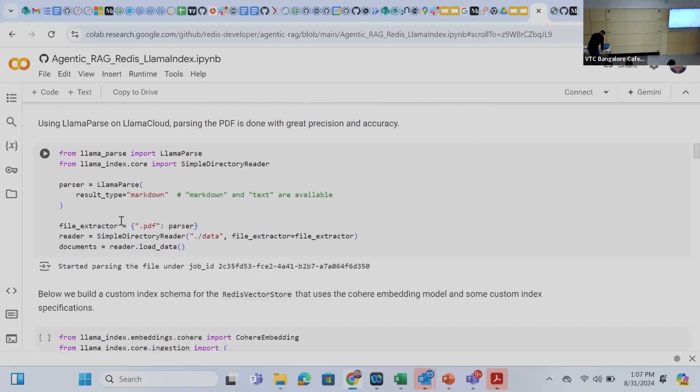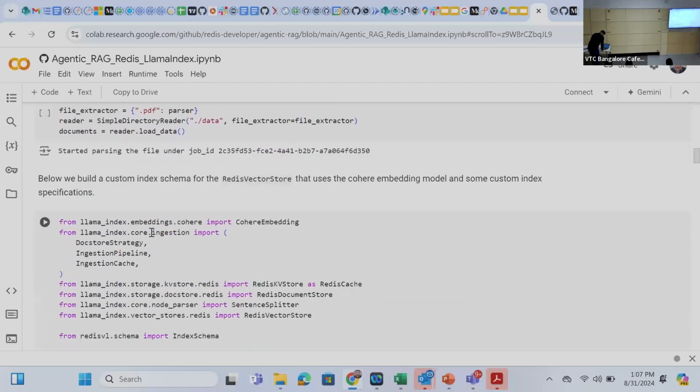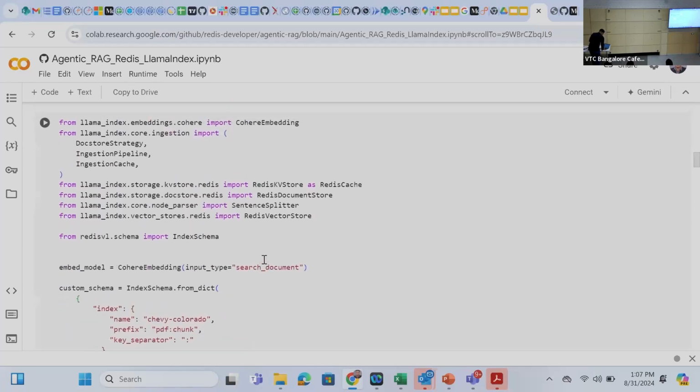And once it is done, I'm even building my own custom schema using Redis Vector Store. It will use the embedding model given by Cohere. We can also have some custom index specifications on top of that. So for example, if you see over here, I'm not only using the Redis vector store, I'm even specifying the embedding model that I'm going to use.